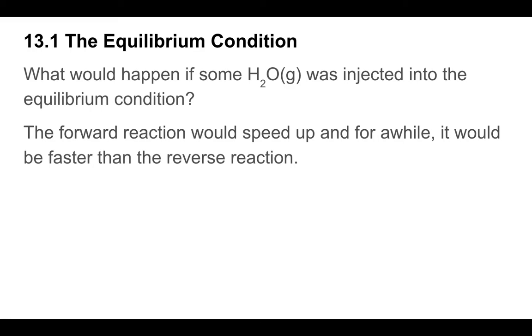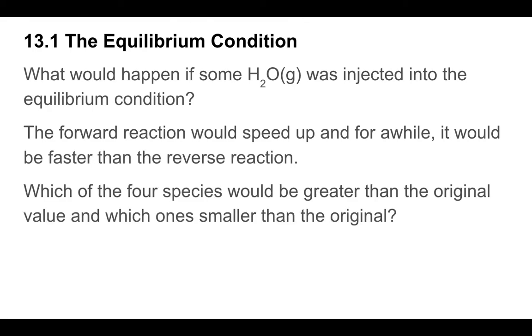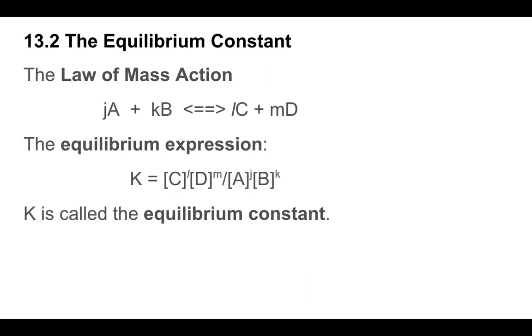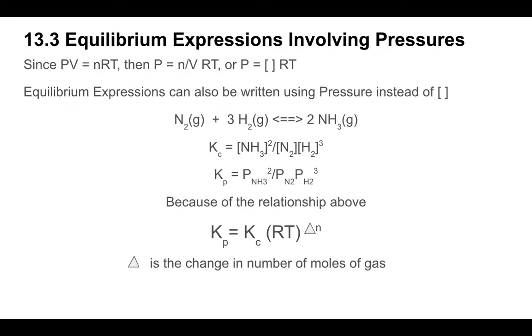The forward reaction speeds up and the water vapor goes down for a while. But remember, when we came to our conclusions on which ones would be greater than before, the water vapor was still greater than it was before you injected some water vapor. So you never really went all the way back to where you were before. You got back to equilibrium, but your equilibrium did not have the same amount of water vapor. It had a little bit more than you had before.